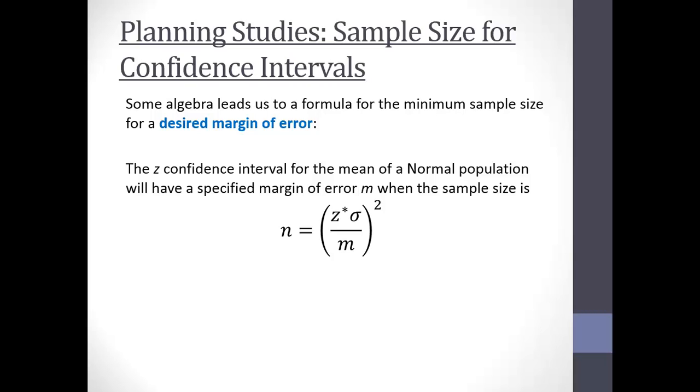The margin of error equals z star times sigma over the square root of n. But if there's a certain margin of error I want, then I can choose my sample size based on it, just by rearranging these formulas to get what my sample size will need to be for a particular margin of error.